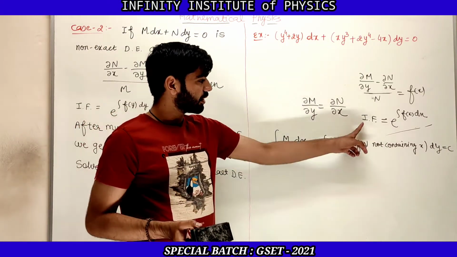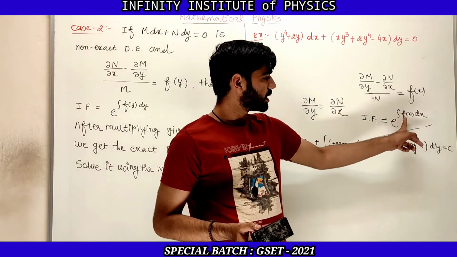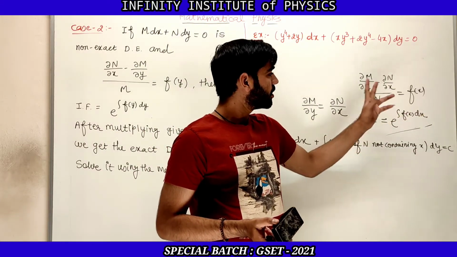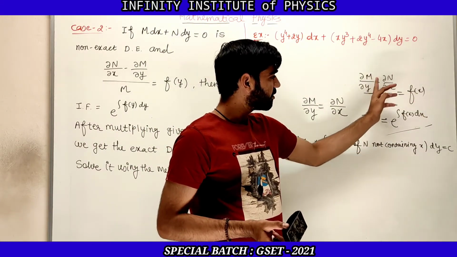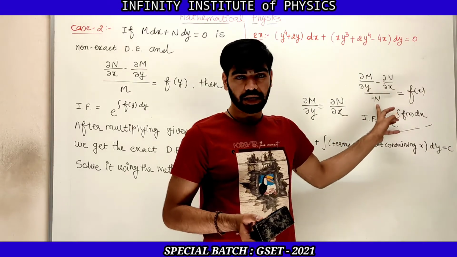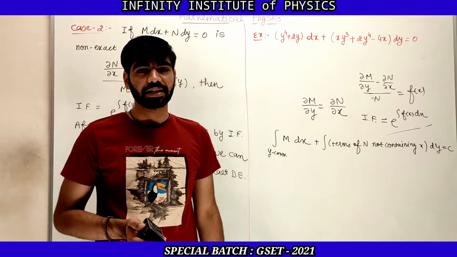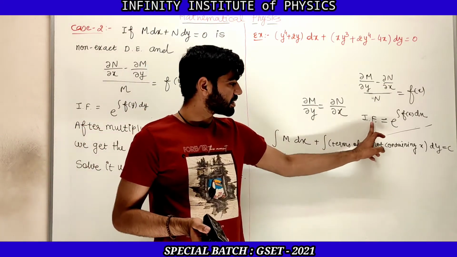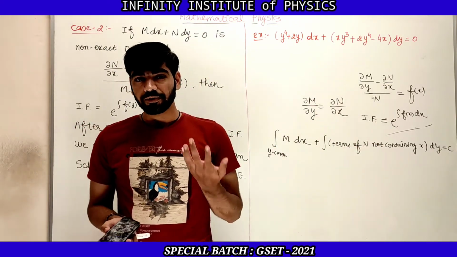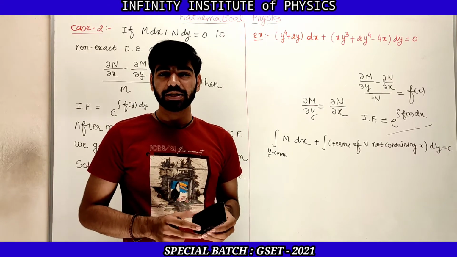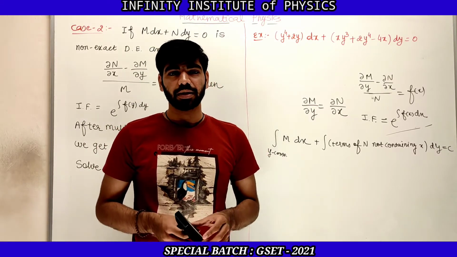So the integrating factor is e raised to integration f of x dx, where f of x is del M by del y minus del N by del x upon N, and this is the first case for non-exactness. So what we mean by integrating factor, we already studied in the last lecture, but let us recall.